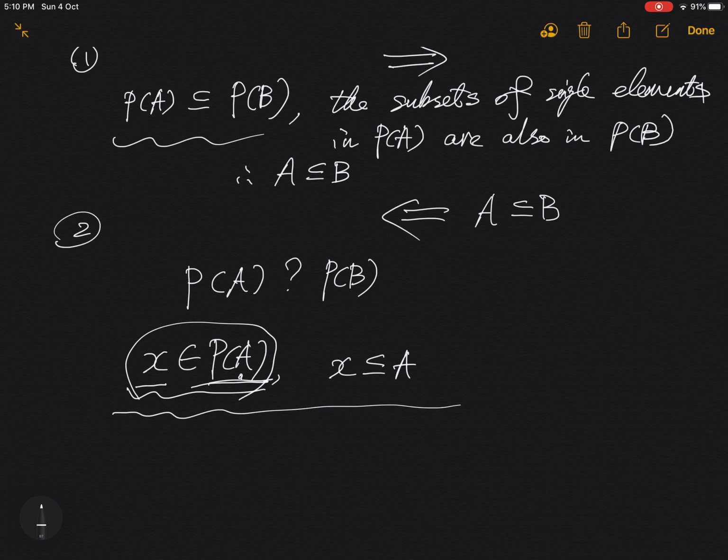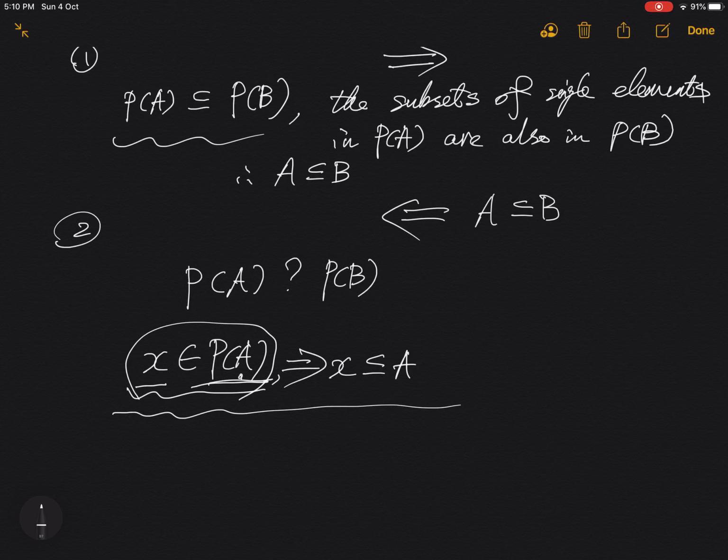I know someone may be confused about this. Just recall, the power set is a collection of the subsets of set A. So every element in the power set is a subset of set A. Okay.